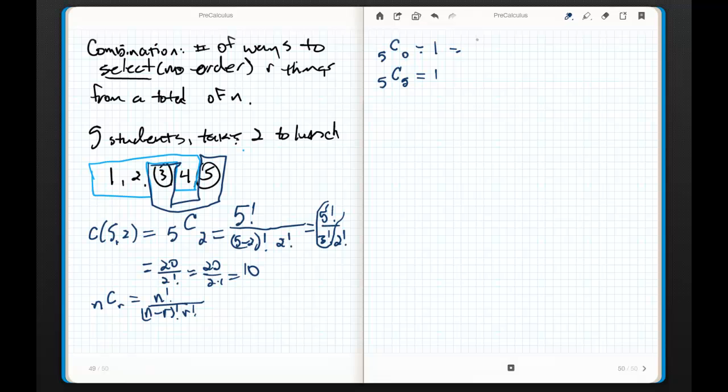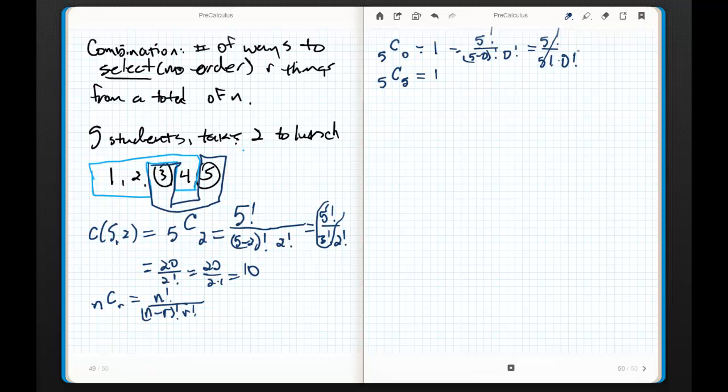Well, look what happens here. This is 5 factorial divided by 5 minus 0 factorial times 0 factorial. So we're not afraid of 0 factorial in the denominator because we know that it's 1. This is 5 factorial divided by 5 factorial times 0 factorial.